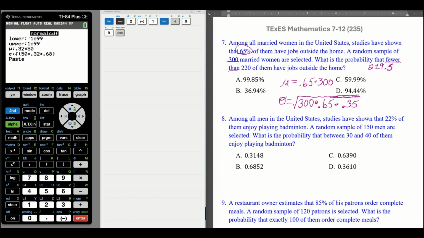We have our upper discrete upper bound that has been changed. It is adjusted, make that adjustment. And then our mean. Okay, so it's our percentage times our sample size. Double check my numbers. Yes. And then we have a calculated standard deviation, our sigma.